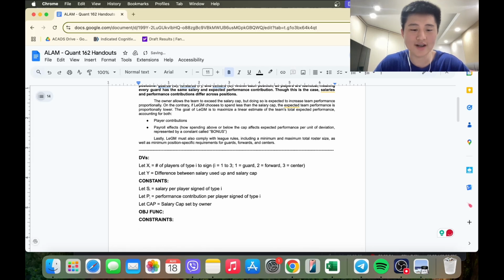So let's define our first constraint, which is y equals the difference between the salary used up and the salary cap.